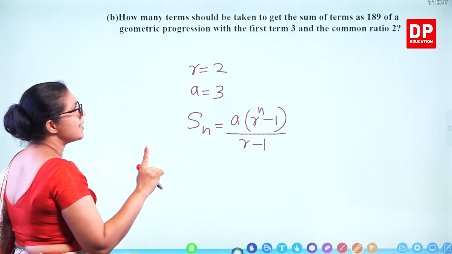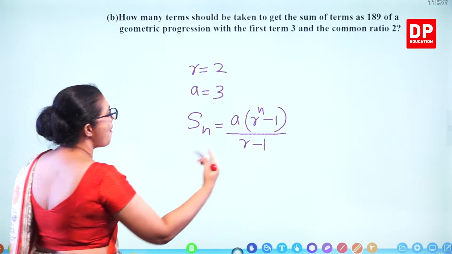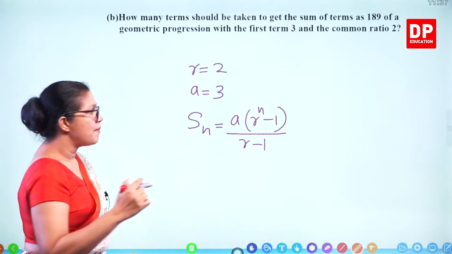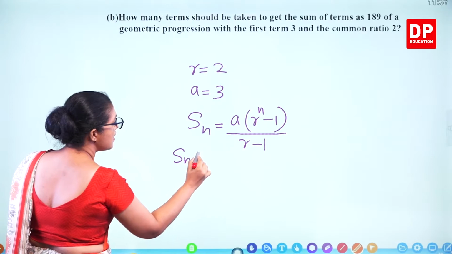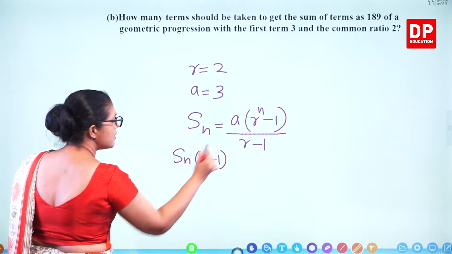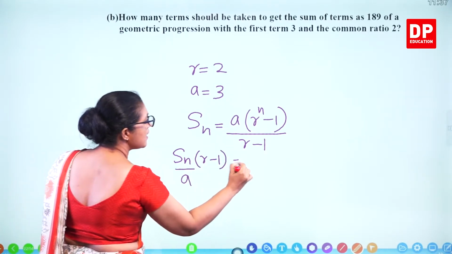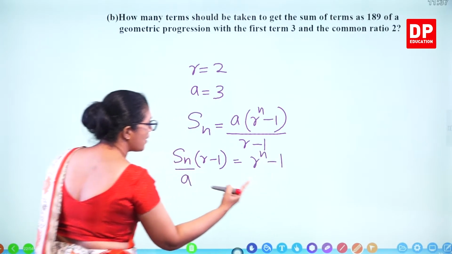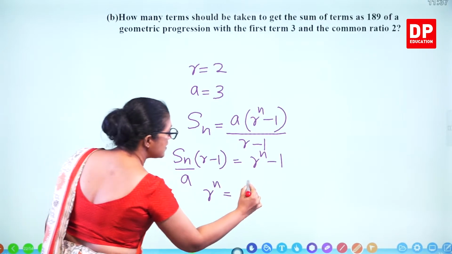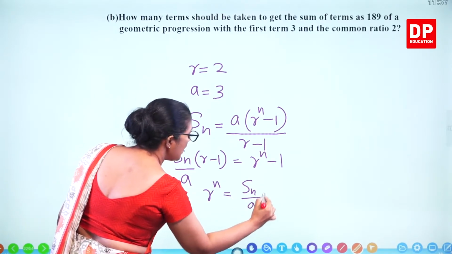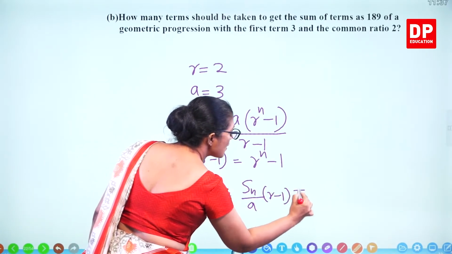So we need n. So it's better to cross multiply and make this one the subject. So Sn into (r minus 1) divided by a is r to the power n minus 1. Now add 1. You get r to the power n is Sn (r minus 1) over a, plus 1.